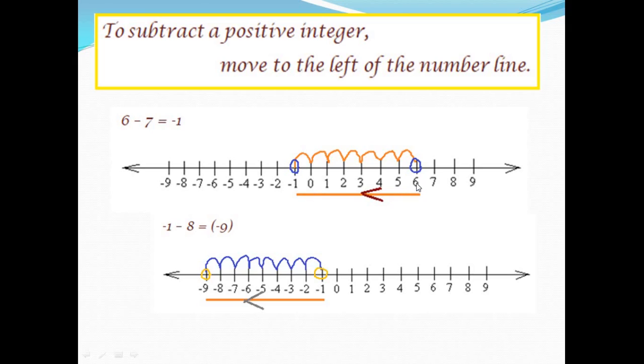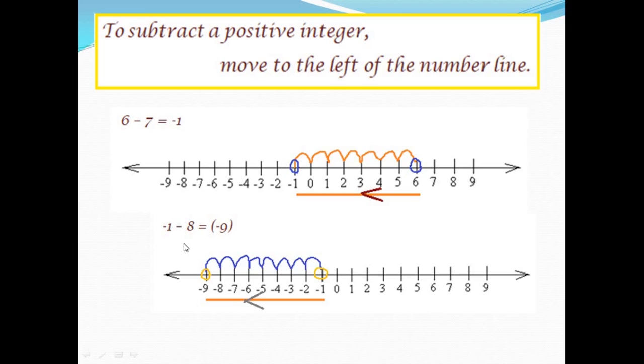So, let's start from the number 6. We have to subtract the integer 7. So, starting from 6, moving towards left side by 7 units. And where we reach? We reach at negative 1. So, the answer is negative 1.